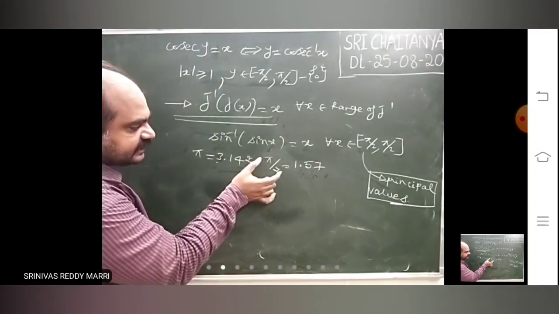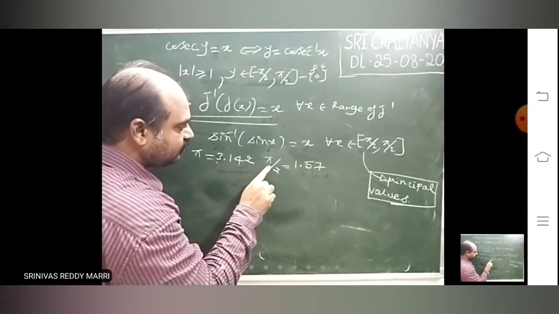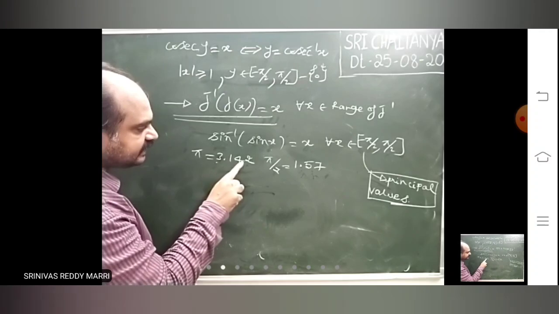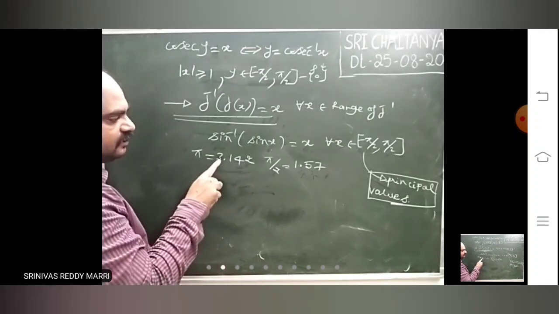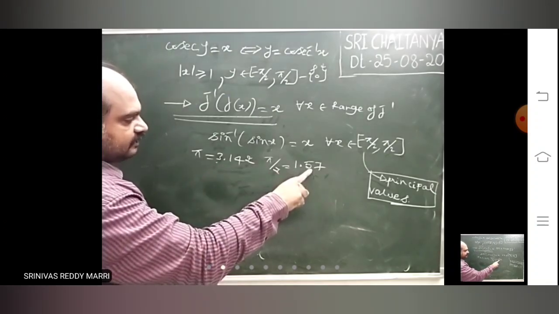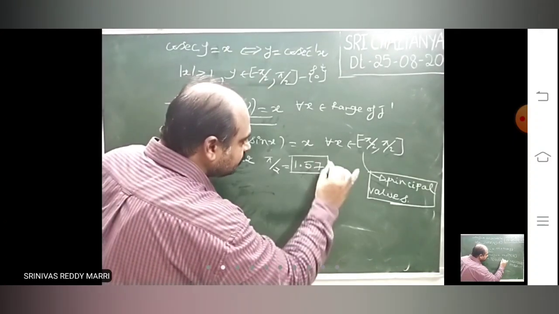Pi by 2 you remember like this. You remember this value.